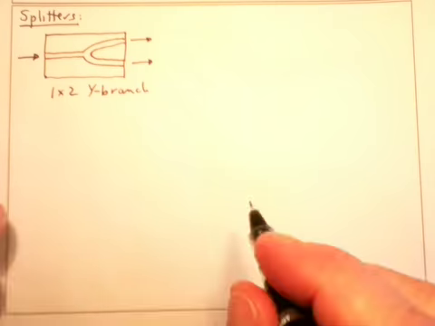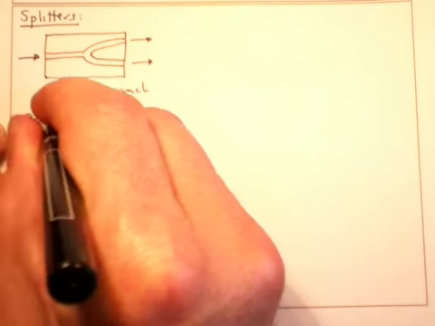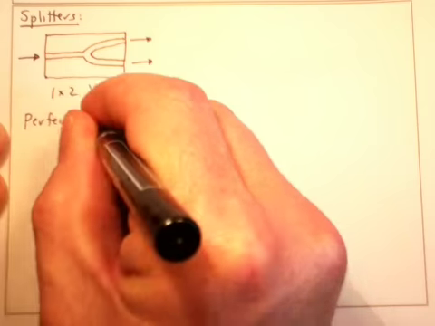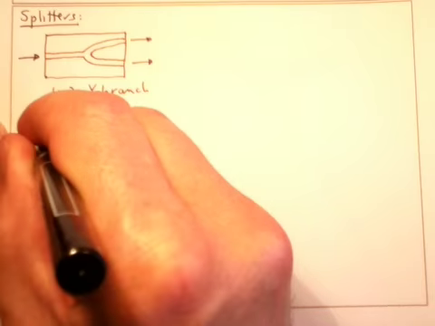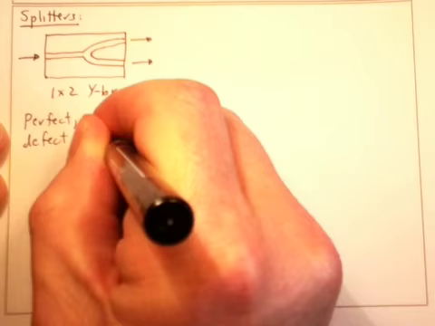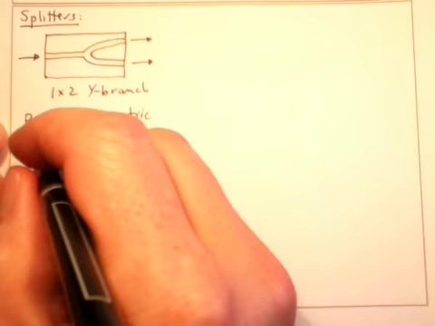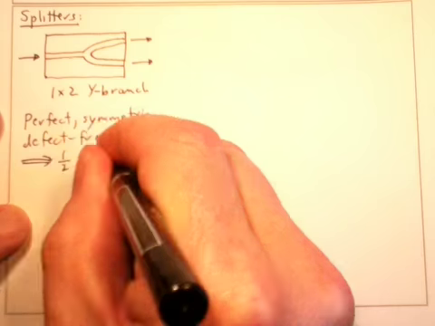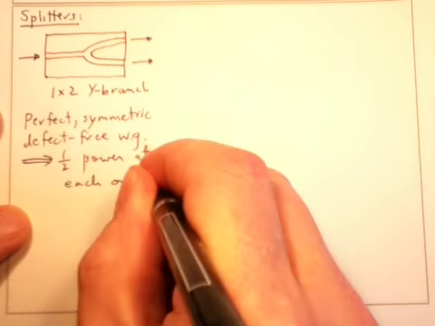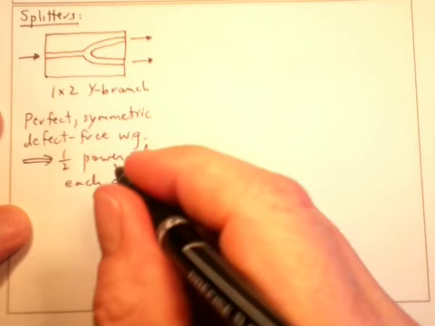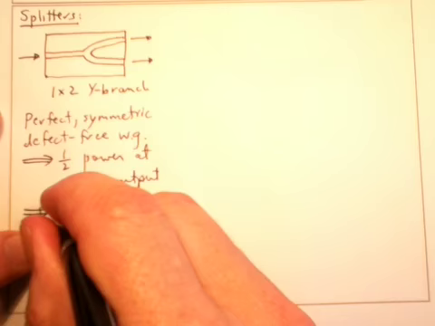If we have perfect, symmetric, defect-free waveguides, then that will imply that we get half the power at each output. And that implies that we have what's called a 3 dB splitter.